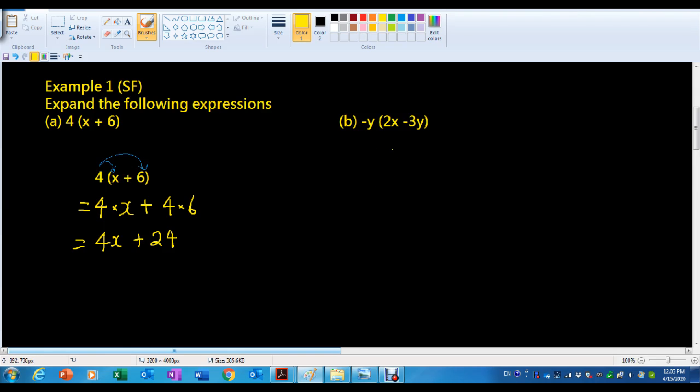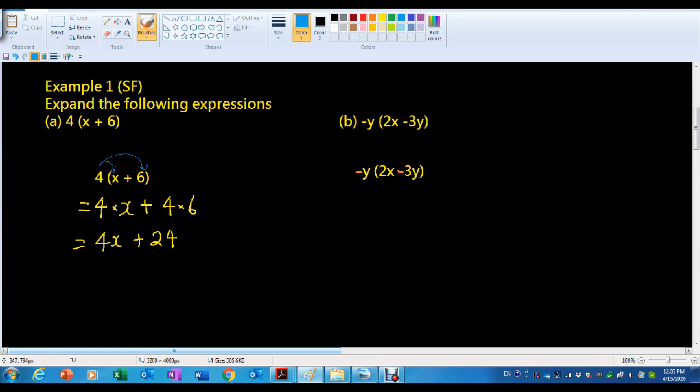All right, how about the second one, b? Here we need to be a bit careful about the minus sign, both outside the bracket and inside the bracket. Let's emphasize that minus sign.